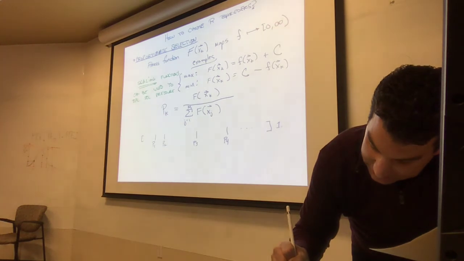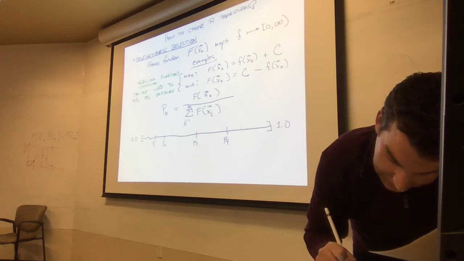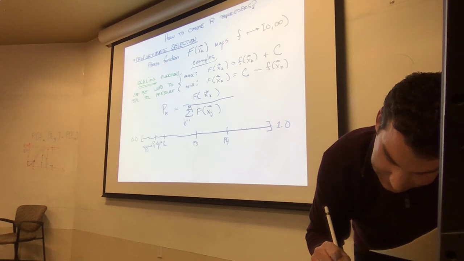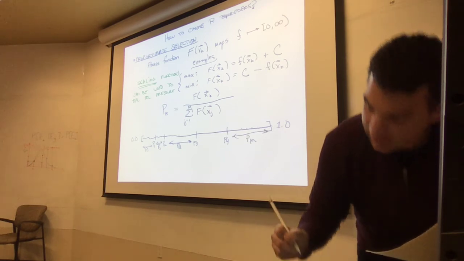So imagine this is like a number line. And this distance here is P1, this distance here is P2, this distance here is P3, this distance here, let's say, is PM.